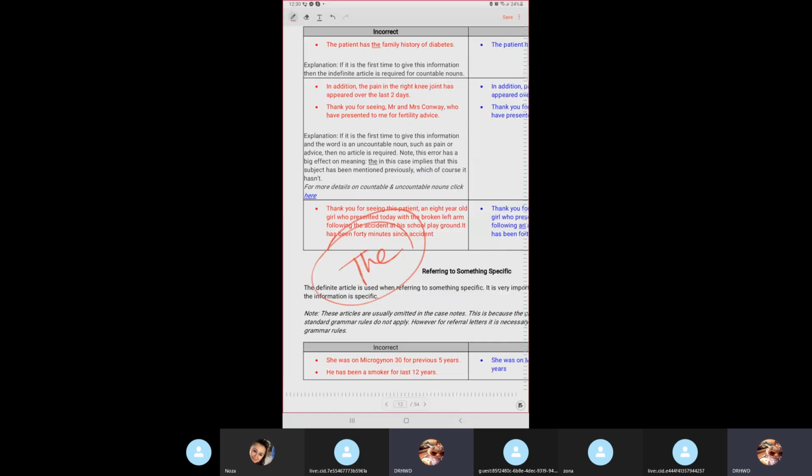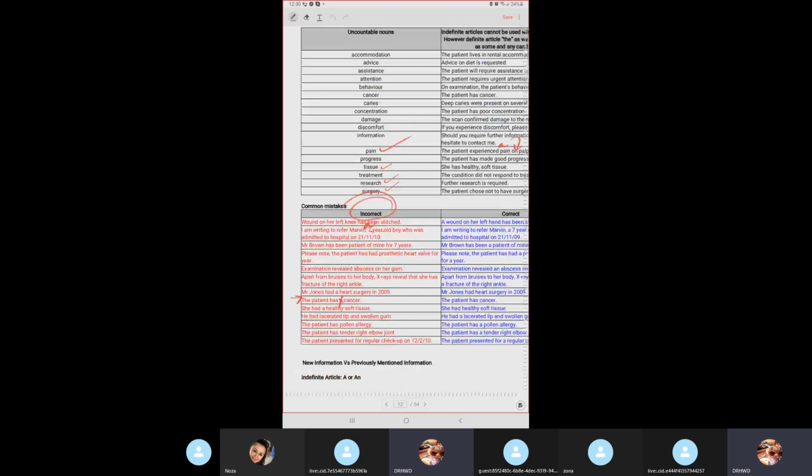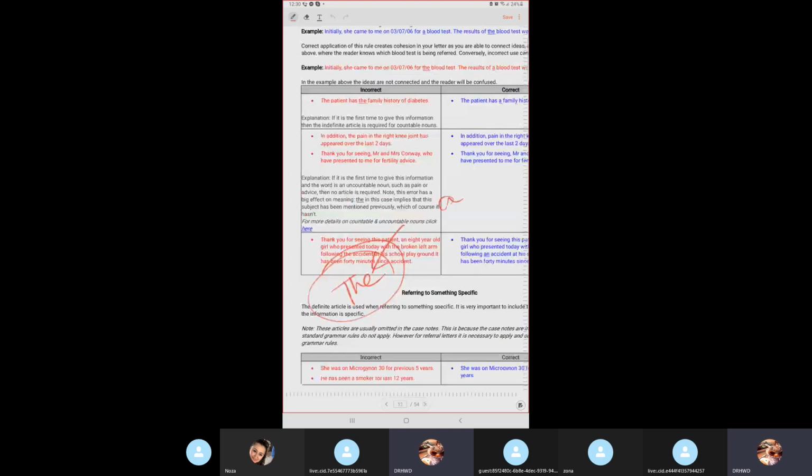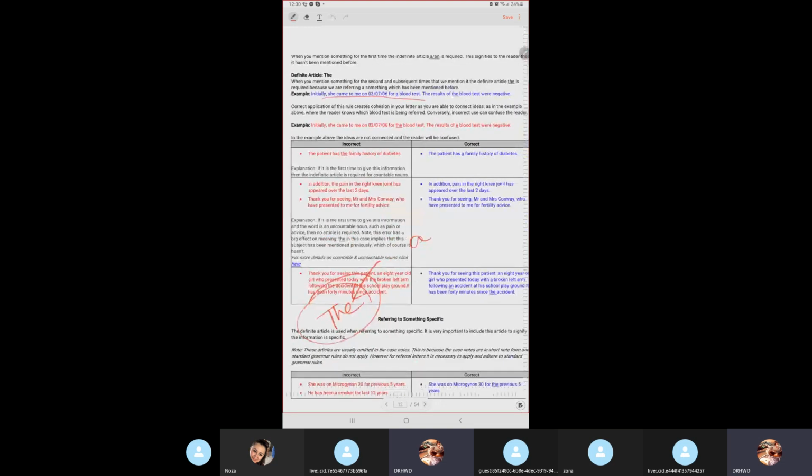Now, one rule of OET letter writing is that if you're talking about a thing that you're mentioning for the first time, you would use a with it and not the, right? Or you would not use anything, right? So if I'm talking about a pain, or an information that has not been mentioned before. For example, here it says that initially she came to me for a blood test, then the blood test was negative.